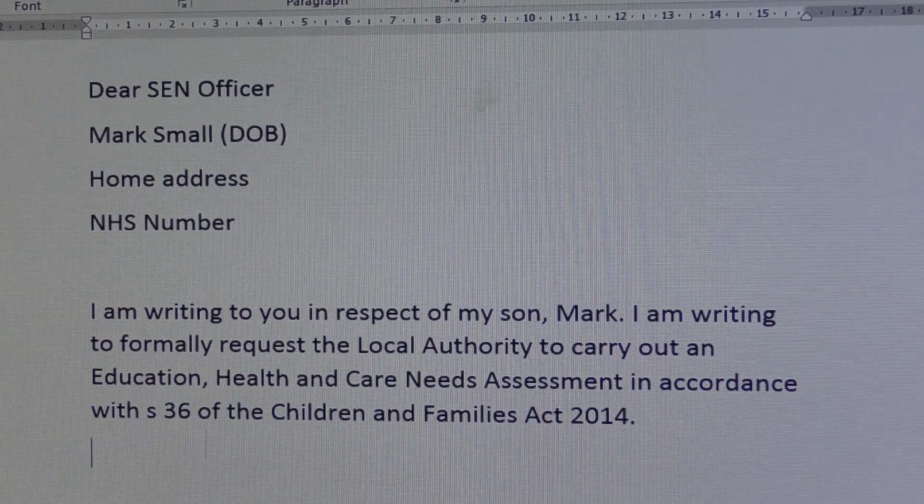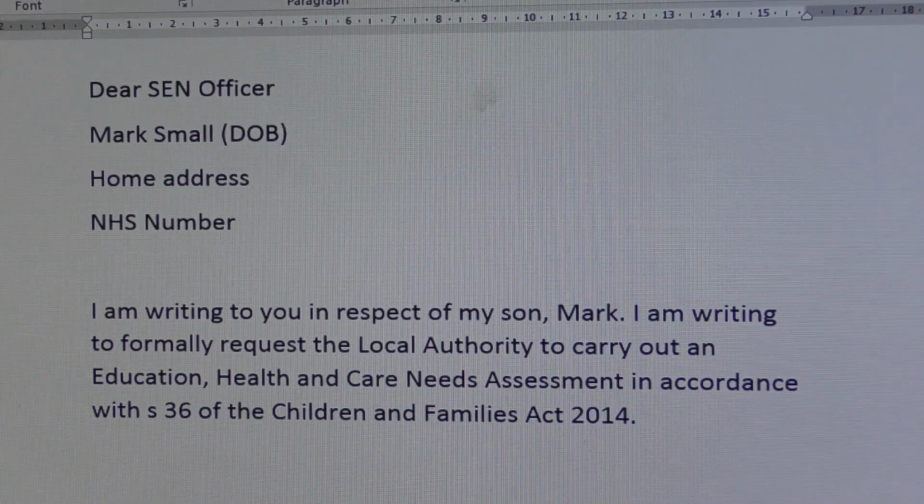So there you go, very straightforward. You tell the local authority why you're contacting them and what you're asking them to do. In this case, we're formally asking them to initiate the EHC needs assessment, and that's in accordance with section 36 of the Children and Families Act.